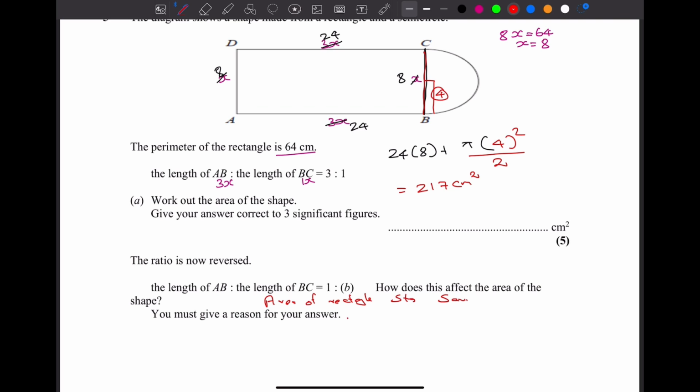But then the area of the semicircle increases, because now it was 8, but then it becomes 24. So the area is bigger for the semicircle. So what happened to the area? Area increases, because the area of the semicircle increases.